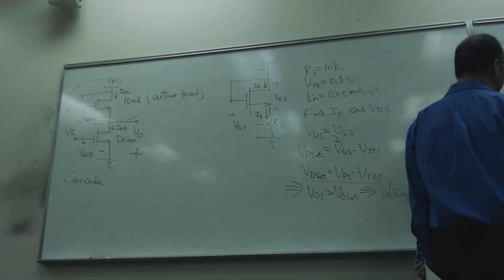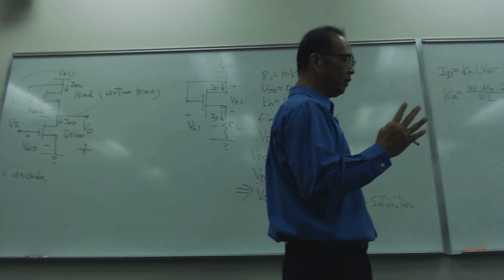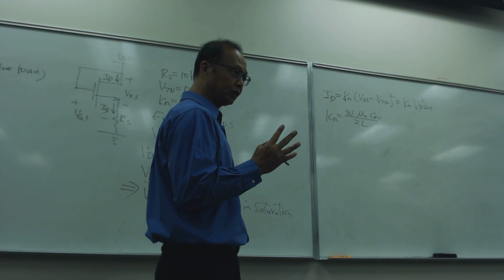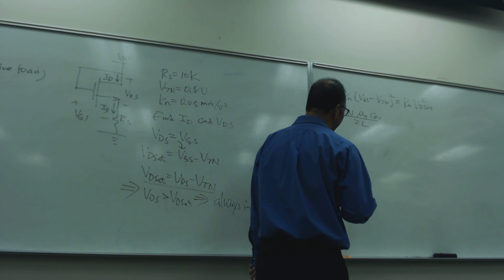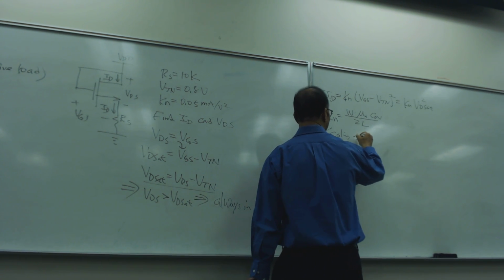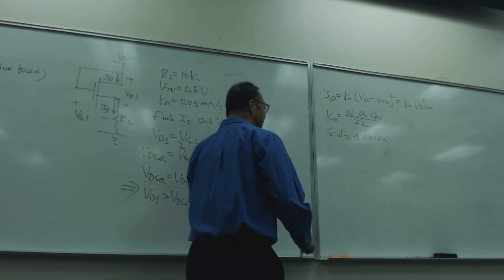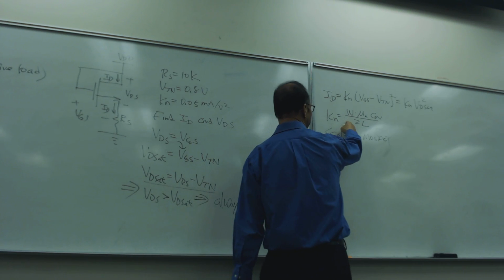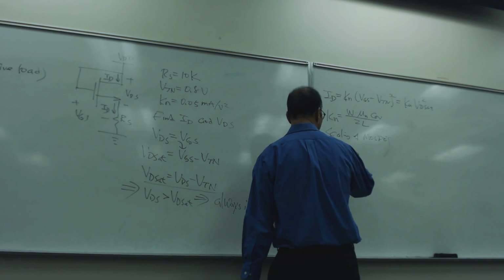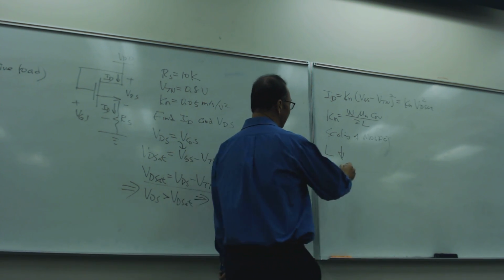Then, I told you that the trend for the advancement of the technology in the past 30 years has been the scaling of MOSFET. And how do you do the scaling? If you look at this equation, it's very simple to see. You reduce L, becoming smaller.